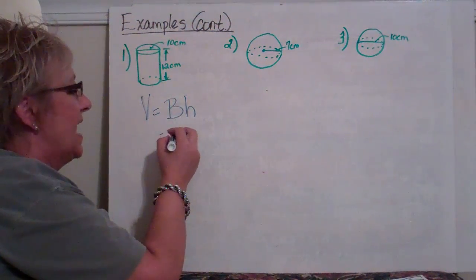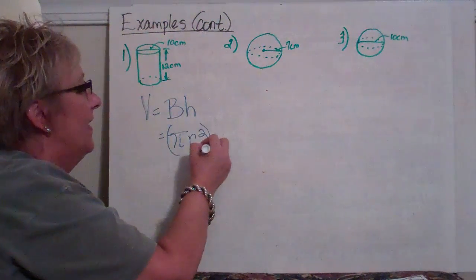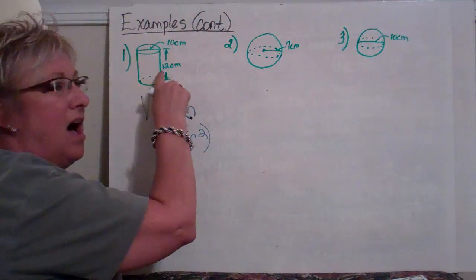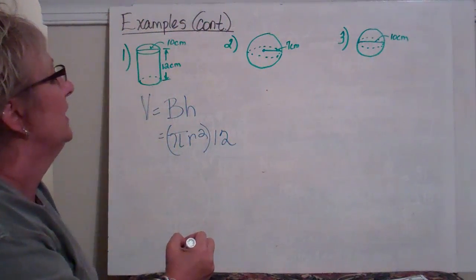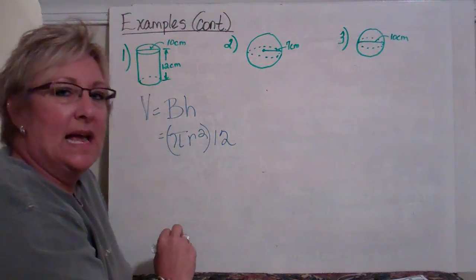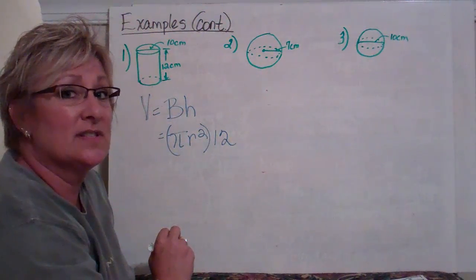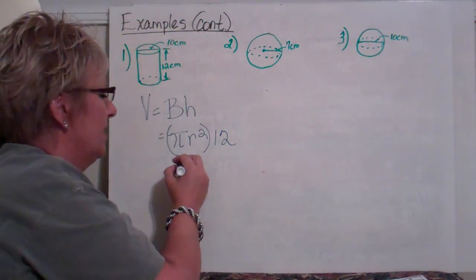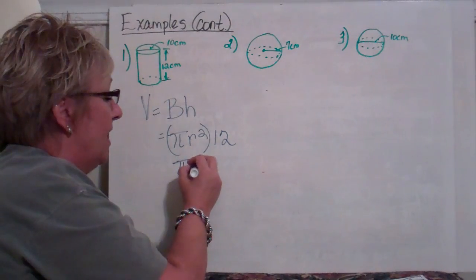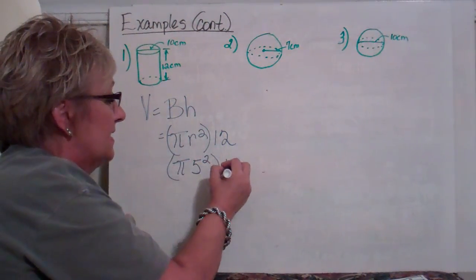And I know that the area of a circle is pi radius squared, and then I'm going to multiply it times the height of the cylinder, which in this case is going to be 12. Now, I have a diameter of 10, and you should know by now that a radius is just half of the diameter. So half of 10 is going to be 5. So we're going to say pi times 5 squared times 12.